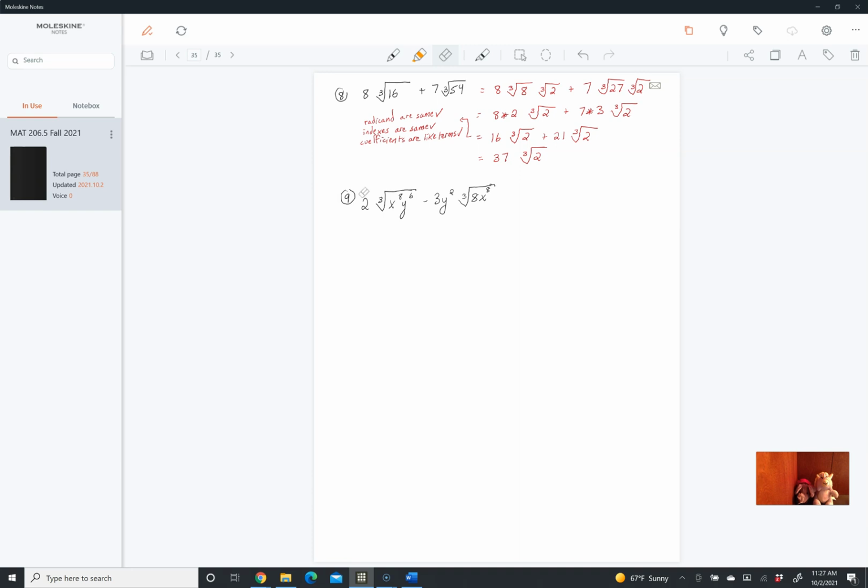Okay, so remember, you want to try and reduce. That's always going to be your first step. However, and this is not coming up here, if the index is different, don't bother because you cannot add or subtract. Okay, so I'm going to write that down here.